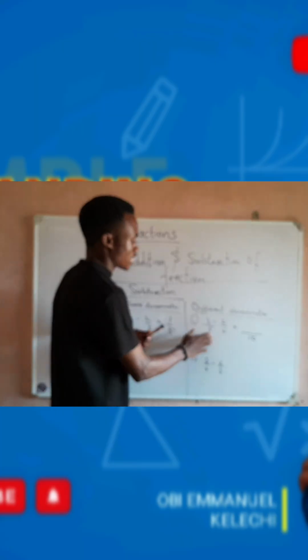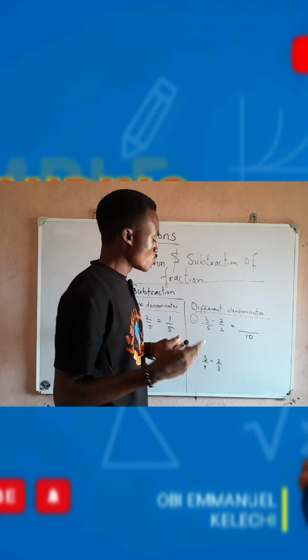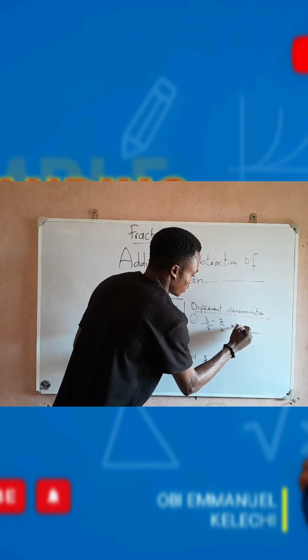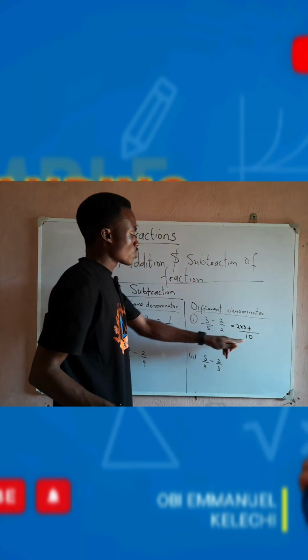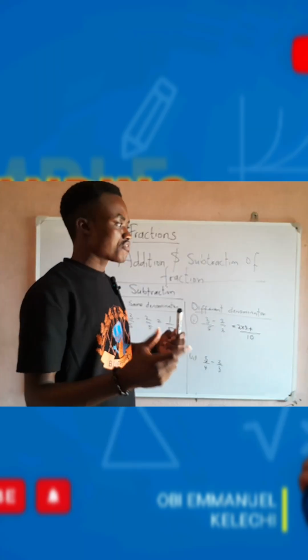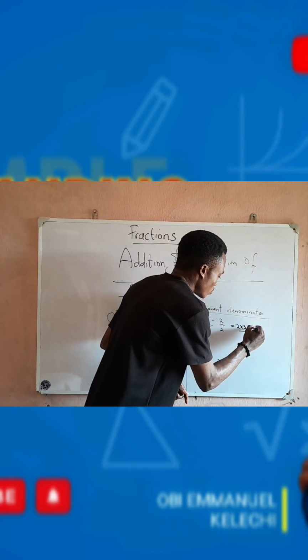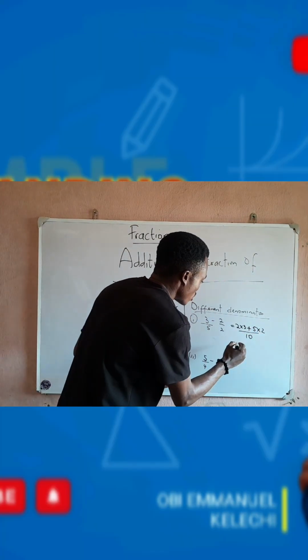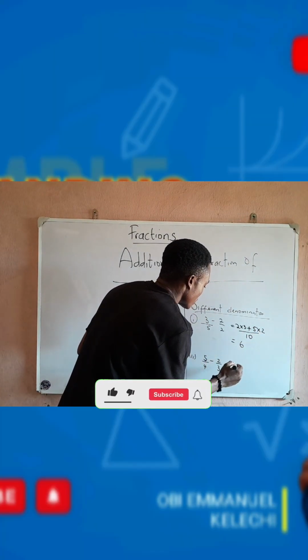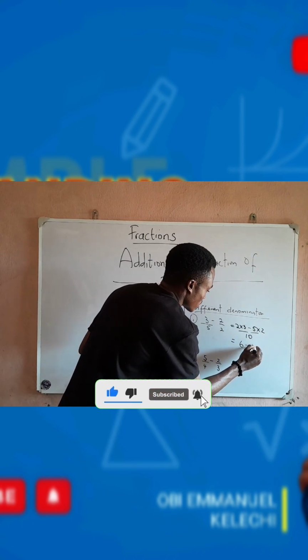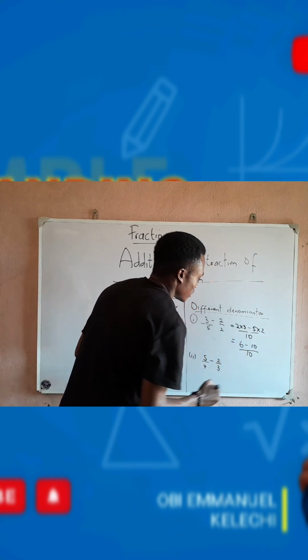So how many 5 can you see in 10? It is 2. So 2 multiplied by 3, plus, how many 2 can you see in 10? 5. 5 multiplied by 2. So here is going to be 6, sorry, this is minus. It's going to be 6 minus 10 over 10.